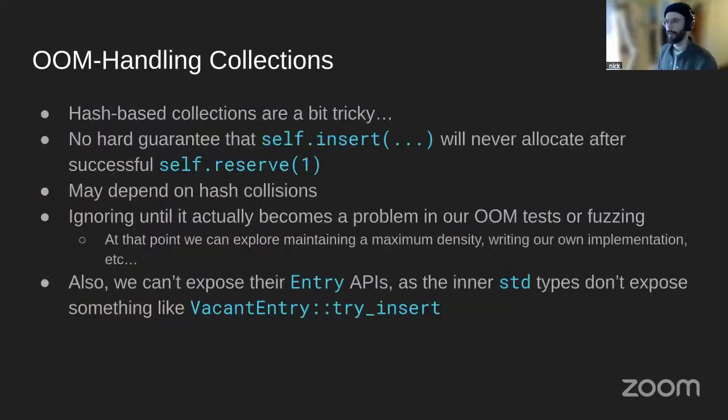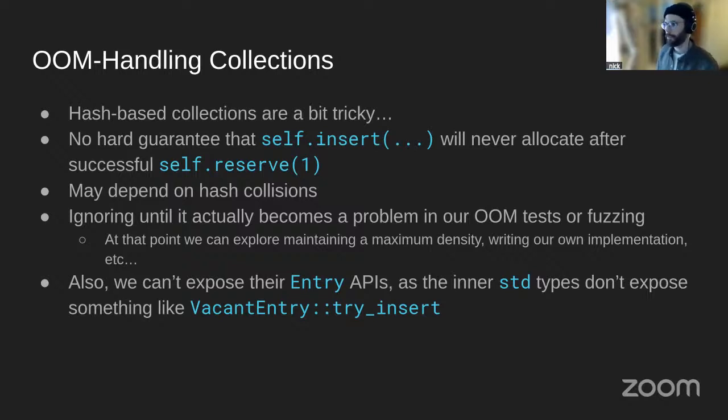Hash-based collections are a bit tricky though, because as far as I can tell, we don't really have a hard guarantee that if we do a insert after a successful reserve of one more space, that's never going to allocate. Because if there's a bunch of weird insertions that all end up colliding, that could require reallocating to redistribute all of the things.